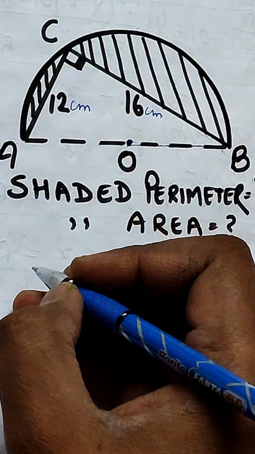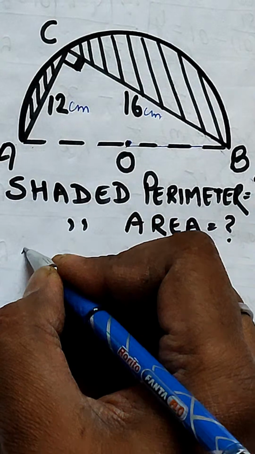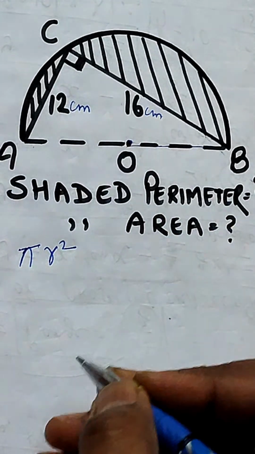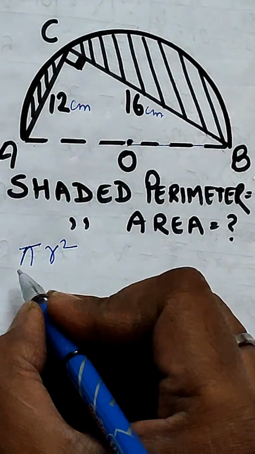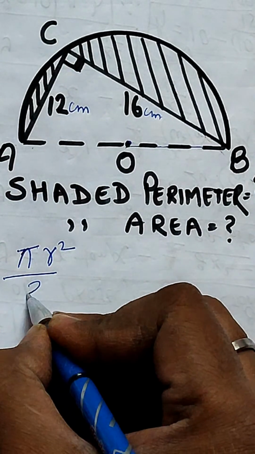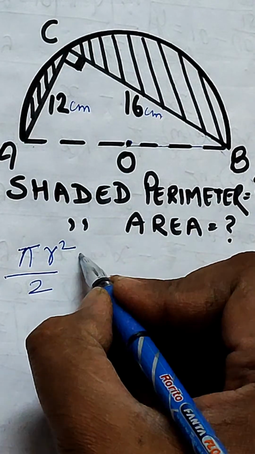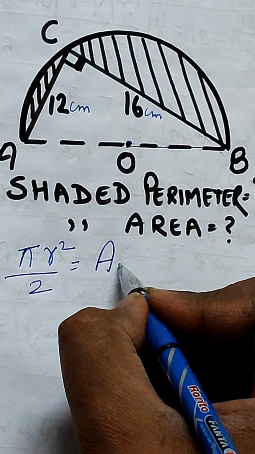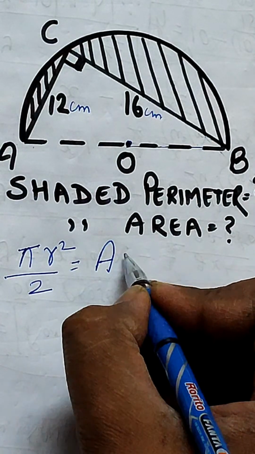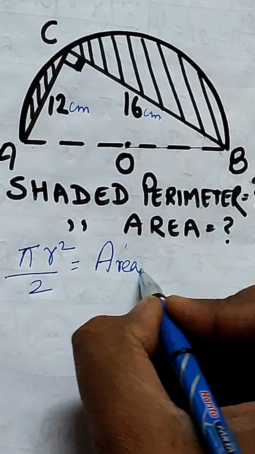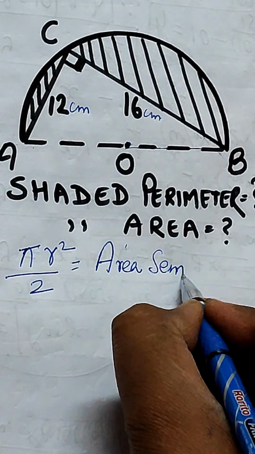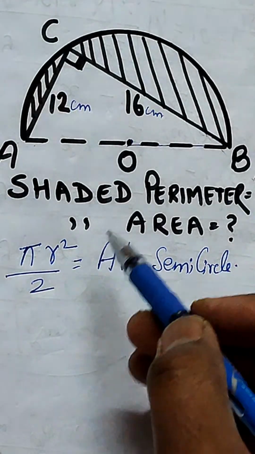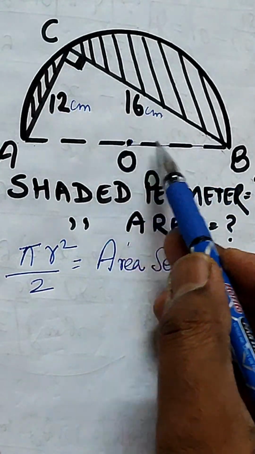Pi into r square is the area of a circle, and when this is divided by 2, this will give you the area of the semicircle. But we do not know the radius for this.